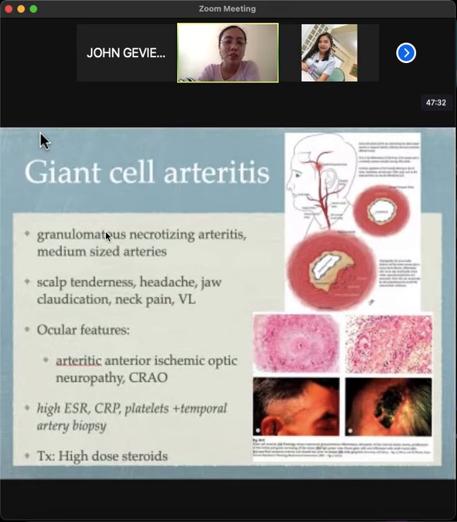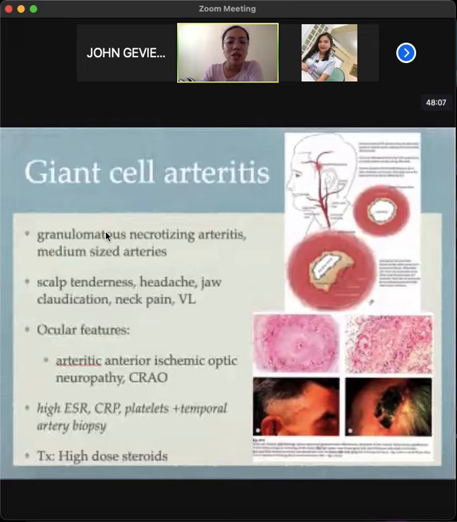I've encountered patients with GCA already. So for other typical symptoms, you should remember the scalp tenderness, jaw claudication, and headache. So, just like what I said, these diseases overlap with your systemic diseases. So you should have encountered this in your internal medicine. Third year na kayo. So GCA, and so these are the systemic findings.